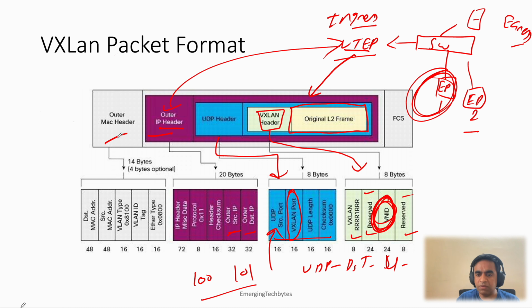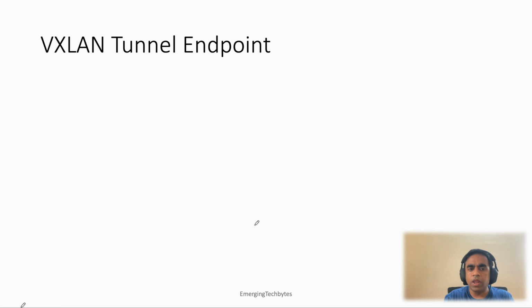But the key fields, the VNI, VXLAN header, UDP header, and then the VTEP source IP and destination IP, are what you need to understand if you want to understand VXLAN fundamentals.